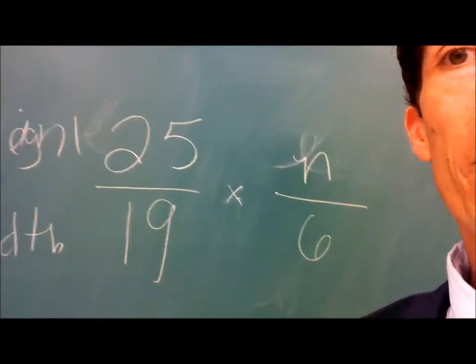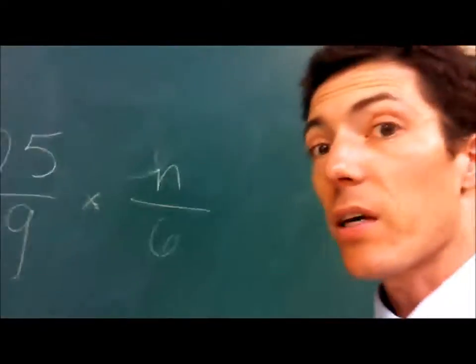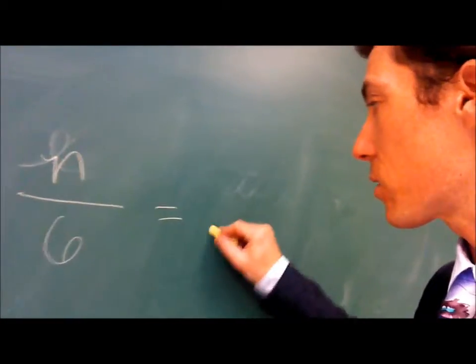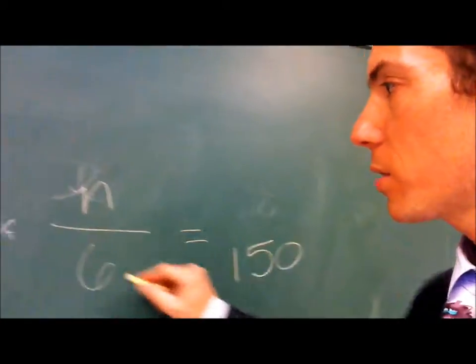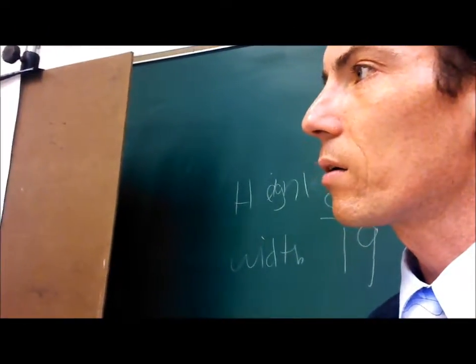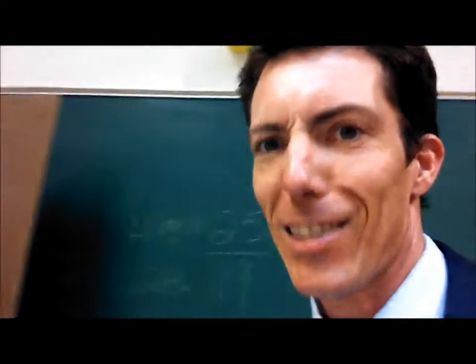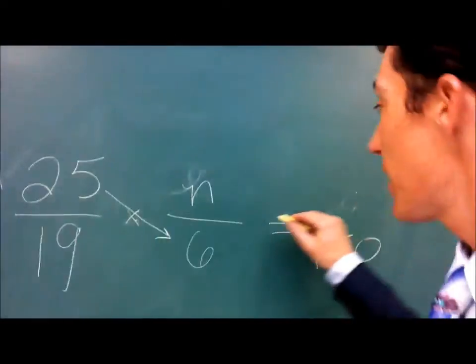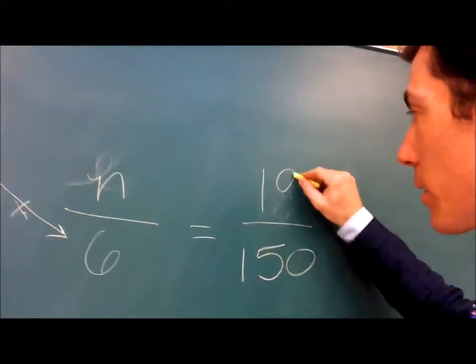This is my n. So 25 times 6, watch me do this math out loud in my head, is 150. You guys are looking at me like I'm wrong. Yeah, that's right, thank you. I know it's right. And 19 times n gives me 19n.